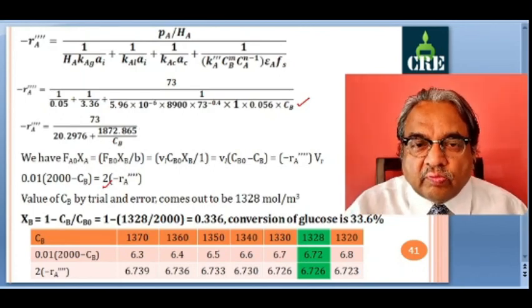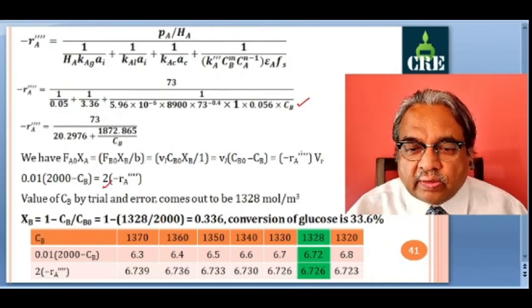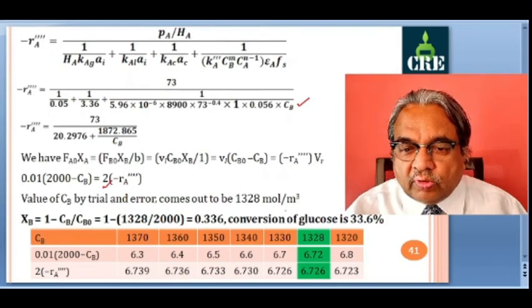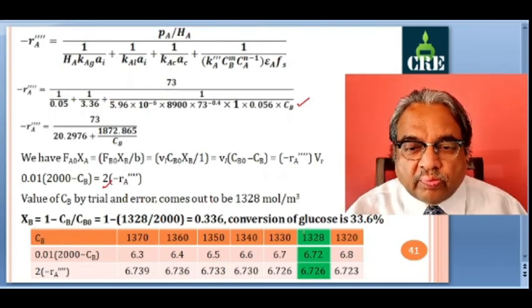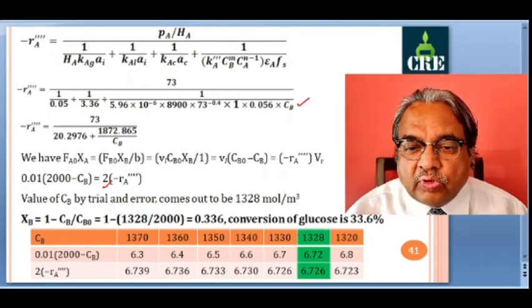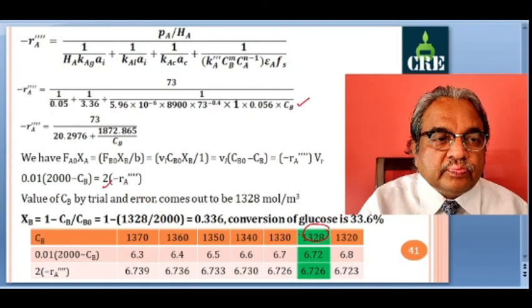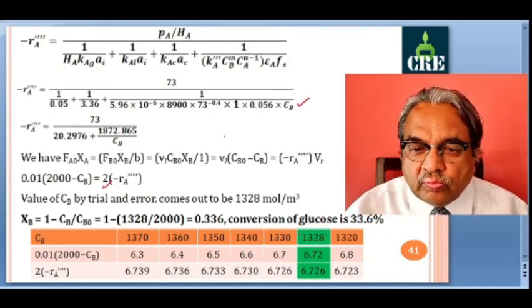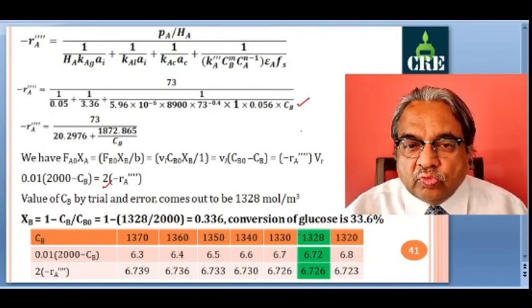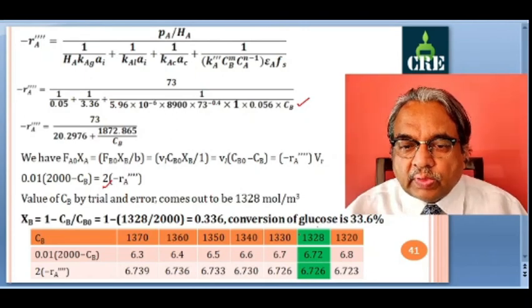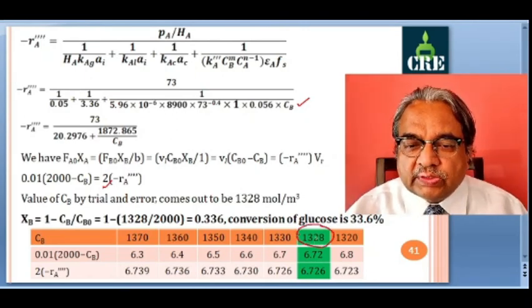And when you find out by trial and error, it is found that for Cb equal to 1328, there is a match.